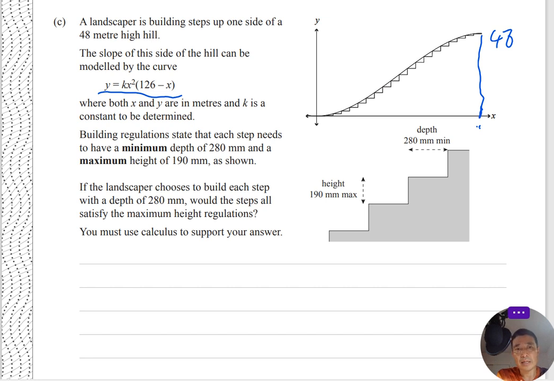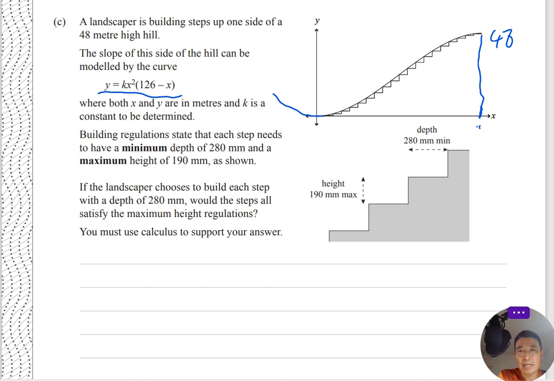Because it's a negative cubic, I assume there's a local minimum and a local maximum. So we have to find the x value of the local maximum. Once you do that, plug 48 into y to find k. That's step one. And step two would be to apply this constraint, the regulations.